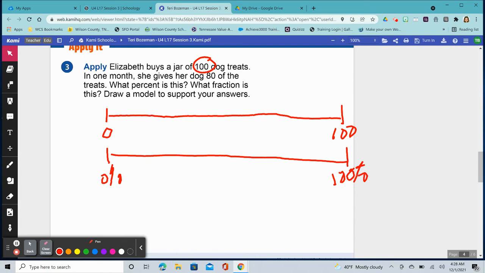So 100 is easy to break apart into tens, right? Or 20s. You could do either. I'm going to do tens. 10, 20, 30, 40, 50, 60, 70, 80, 90, and then we have 100. These marks on the percent have to match up as far as where they're placed so that we're making equivalent rates here.